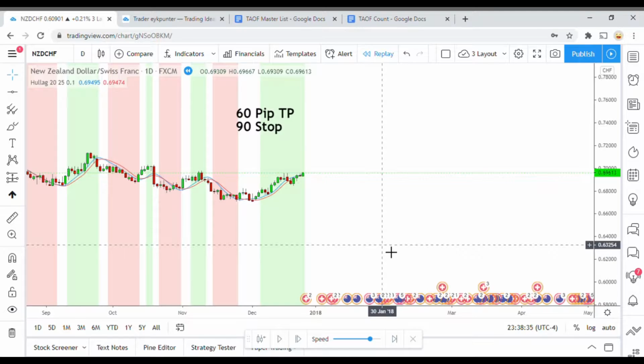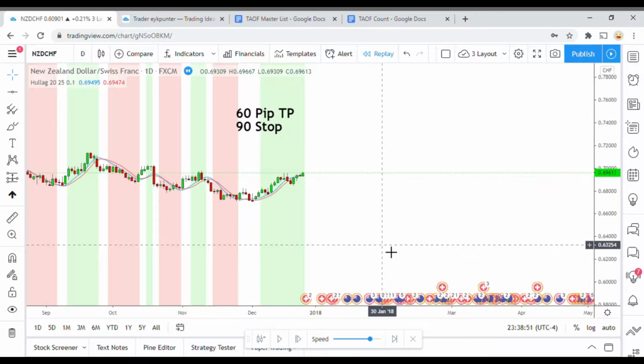And so this TradingView member, they again based this indicator around the Hall moving average.